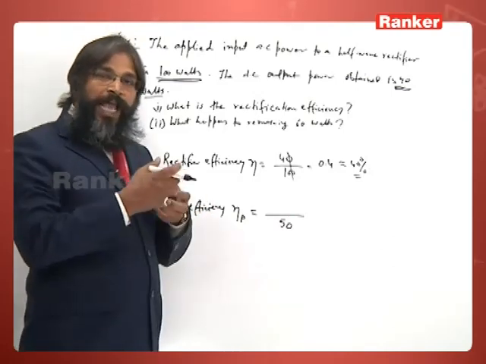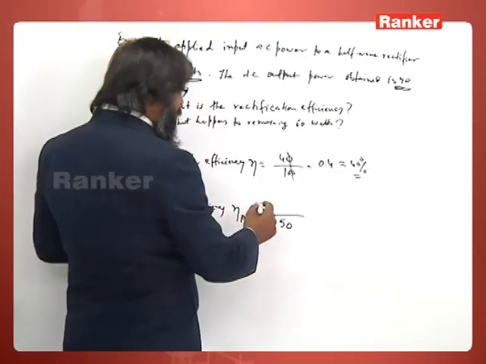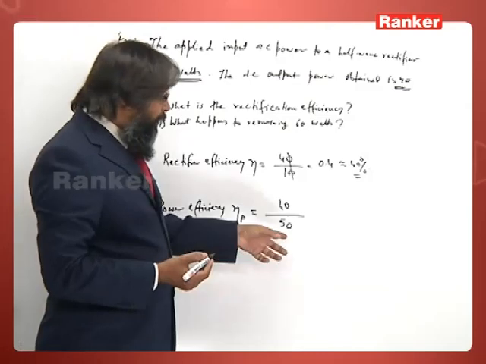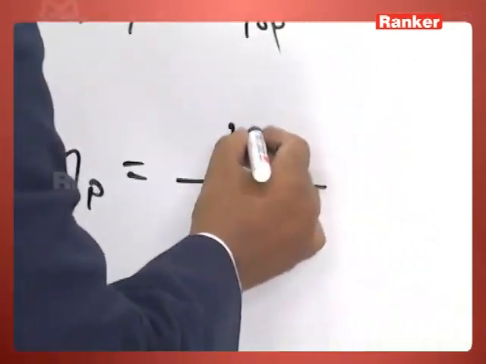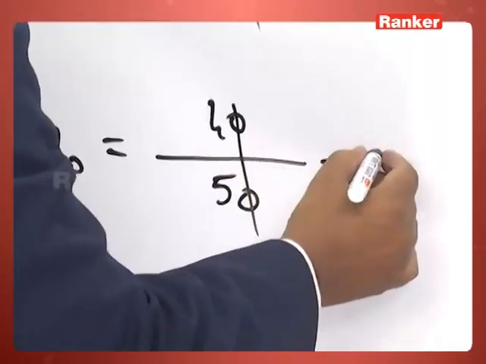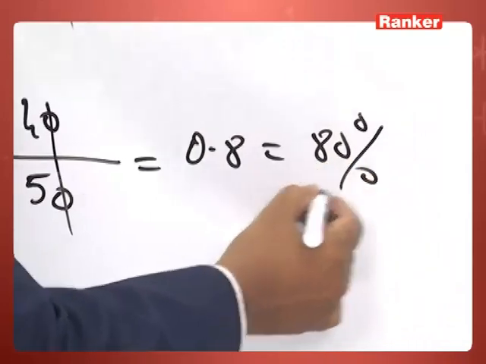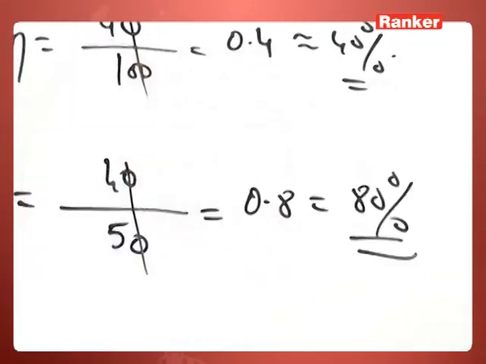So how much power are we actually utilizing? So power efficiency of this circuit, we are using 40 watts when we are withdrawing 50 watts. So that is 4 by 5 is equal to 0.8, that is equal to 80%. That is, we are using 80% as power efficiency.